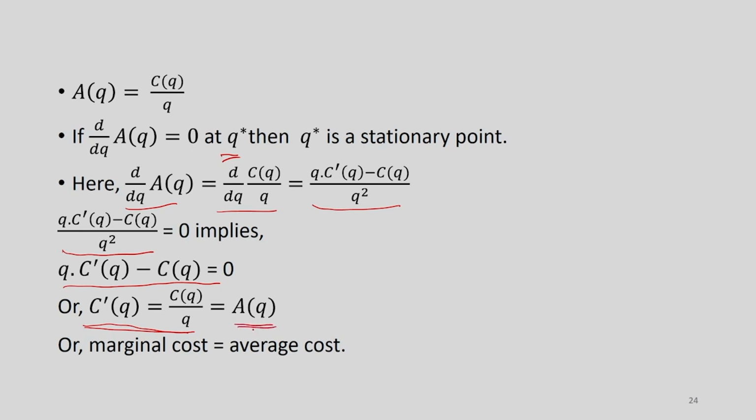It is the average cost. So, marginal cost is equal to average cost. This is what we are getting from the condition that the first derivative of the average cost function is equal to 0.